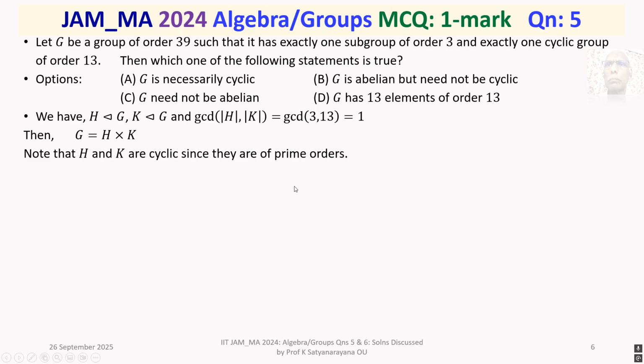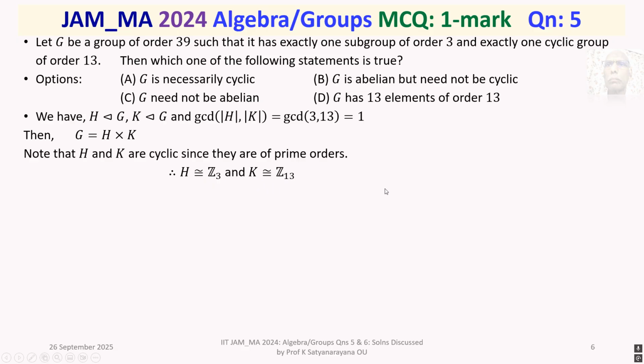Its order is 13, where 13 is prime. And every group of prime order is cyclic. So note that H and K are cyclic since they are of prime orders. So H is isomorphic to Z3. H is a cyclic group of order 3. Z3 under addition modulo 3 is also cyclic. So H is isomorphic to Z3 and K is isomorphic to Z13.